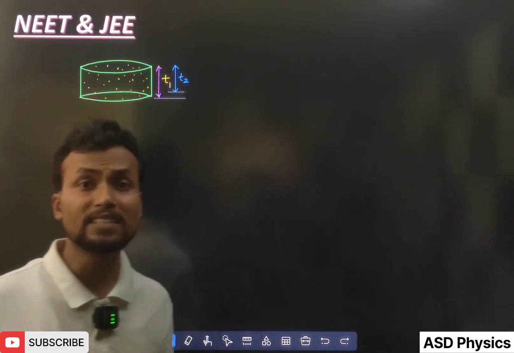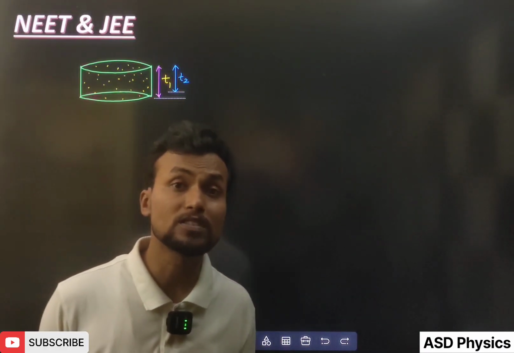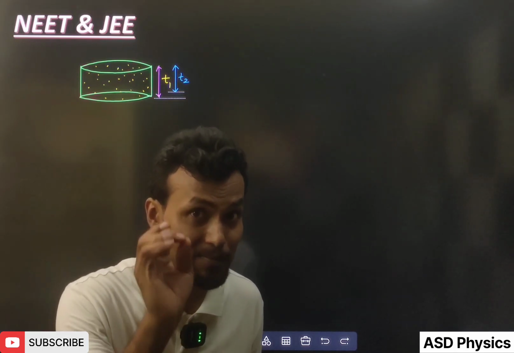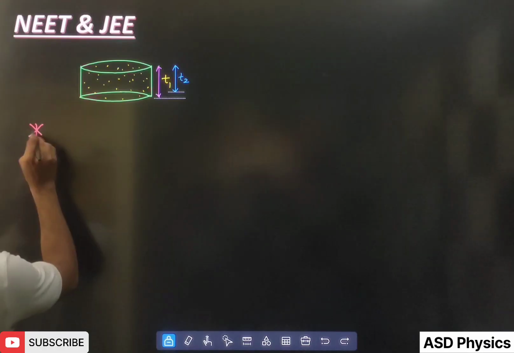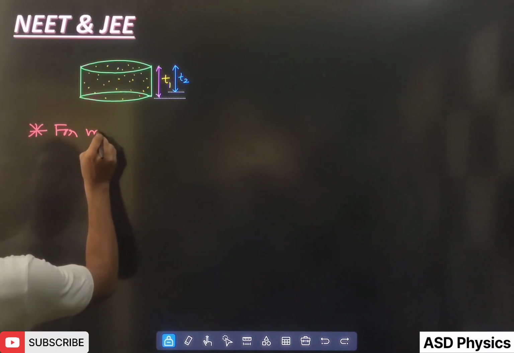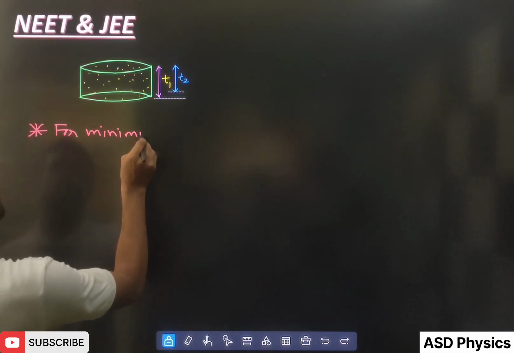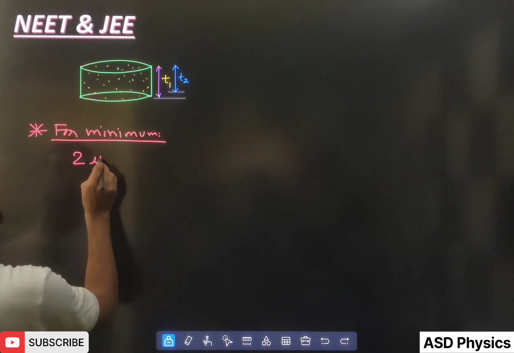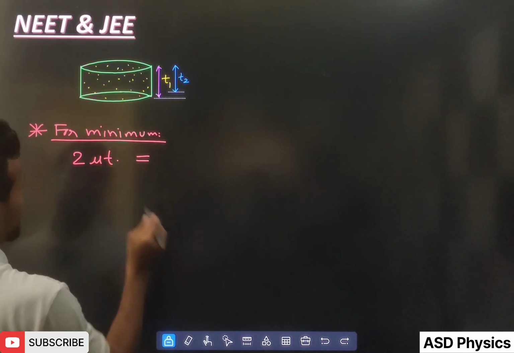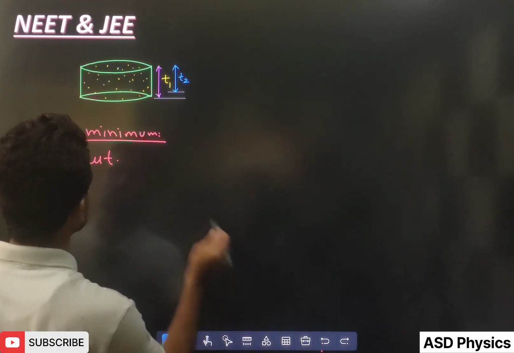So students, in this situation we have to use the formula of the transmitted system, minimum, which is destructive interference. We have the formula 2 mu t cos r, and as I told you, r is 0 degrees for paraxial rays.